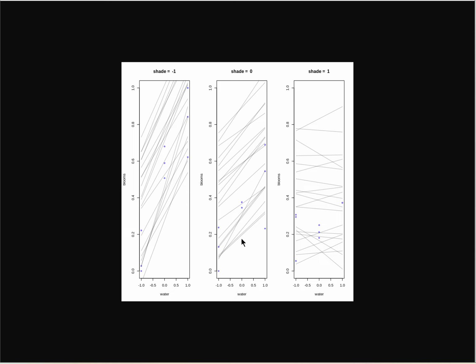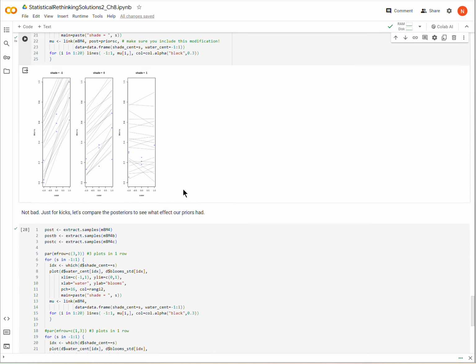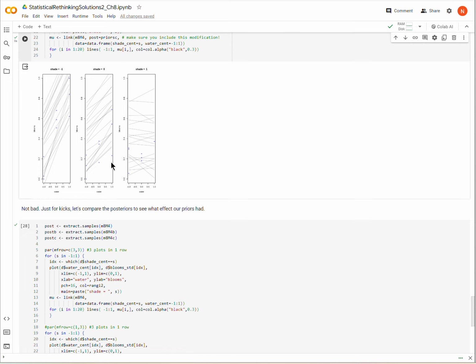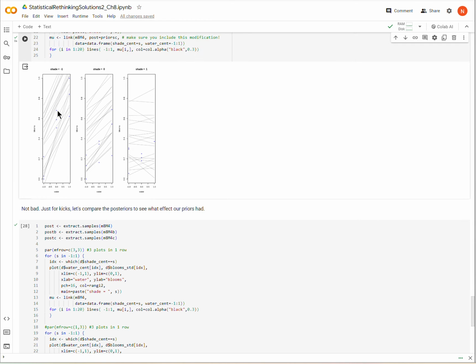We might still be missing some here, and we could continue playing with this if we wanted to, but let's just stop it there. The important thing about our priors here, again, is not that they fit the data, but that they allow for values in our posterior where the data live.